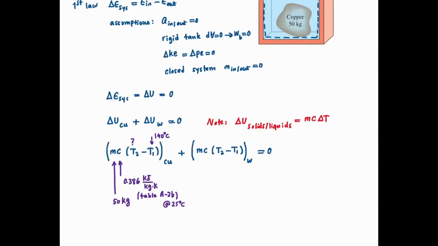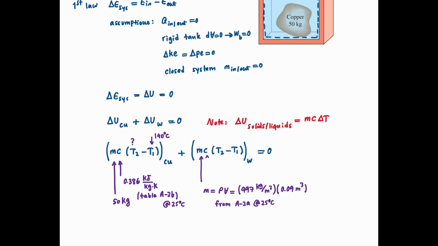Mass of water can be determined using this equation. Mass equals density times volume. And from table A3a, I can read the density. We already assumed that the average temperature is 25 degrees C, so the density is 997 kilogram per meter cubed, and the volume is given in the problem statement, 0.09 meter cubed.